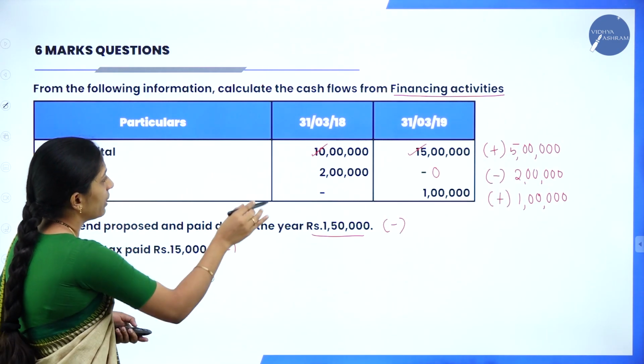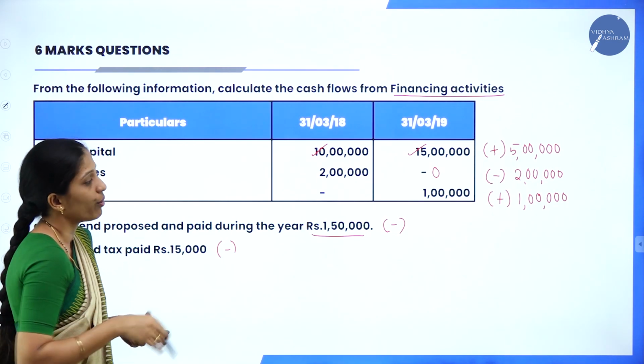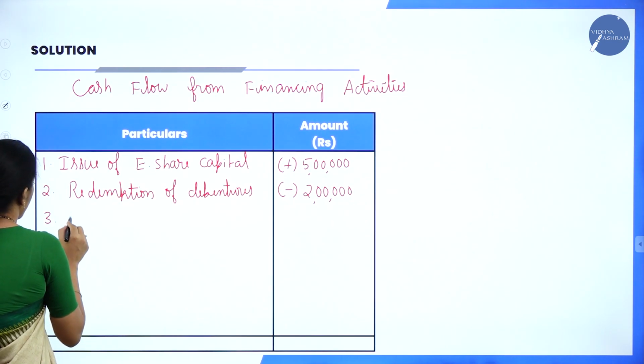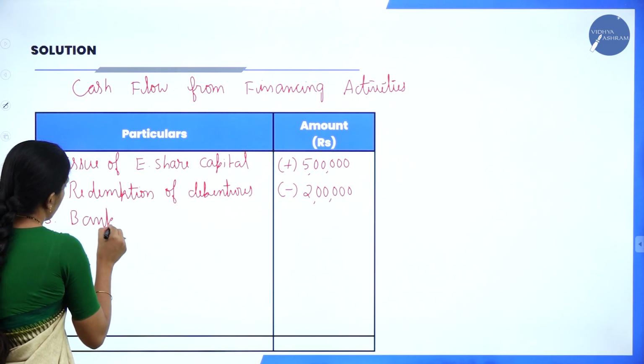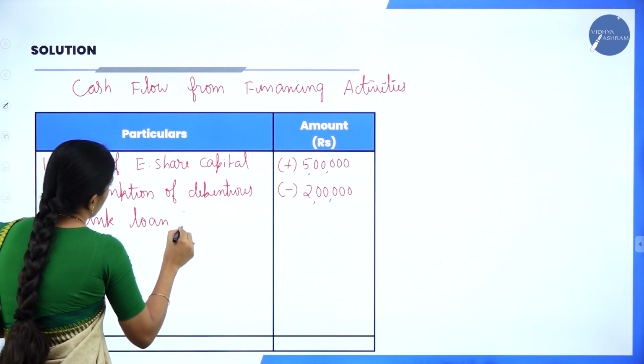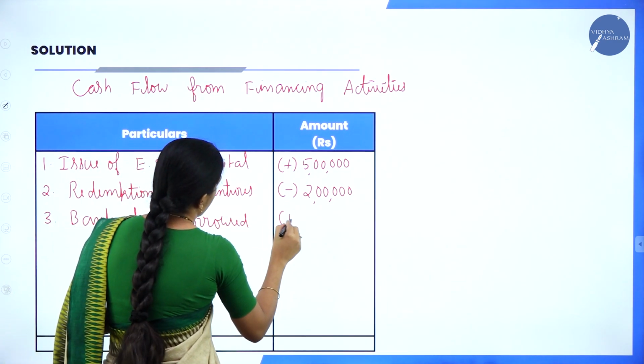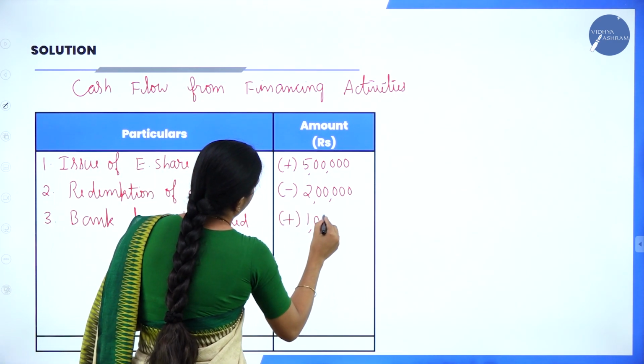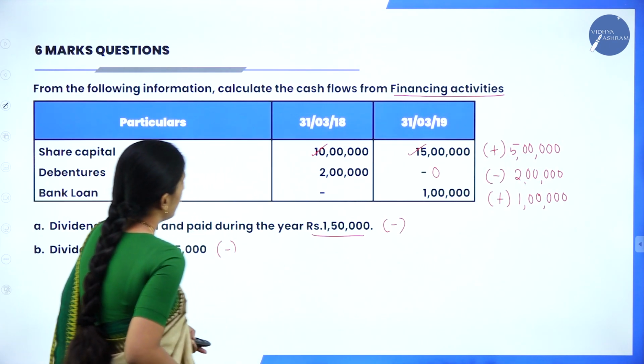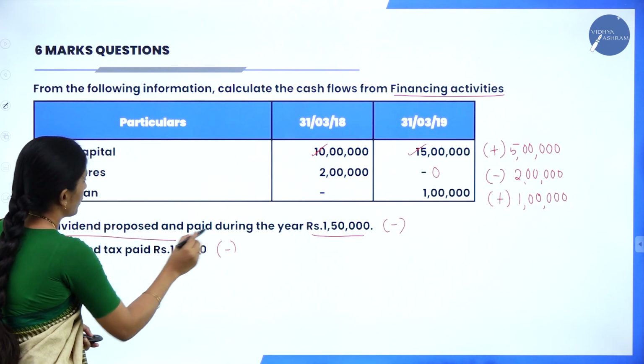Next, bank loan. So bank loan borrowed, it is plus 1 lakh. Then we have dividend proposed and paid.